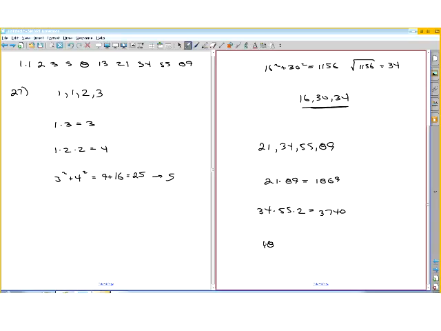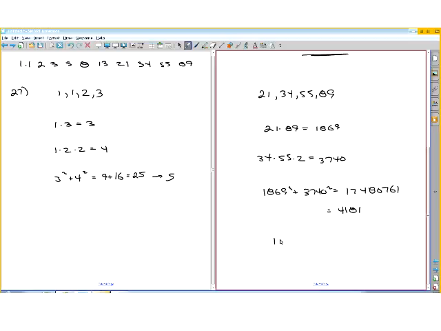And then we take 1,869 squared plus 3,740 squared, which is a big long number, 17,480,761. Take the square root of that, and we get 4,181. So this is also another Pythagorean triple: 1869, 3740, and 4181. So it does work. Okay, pretty cool.